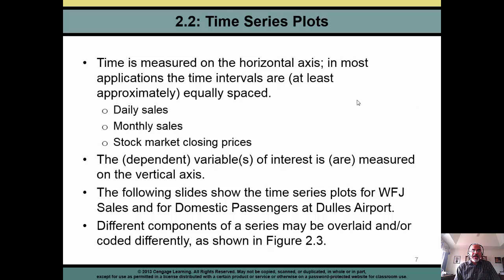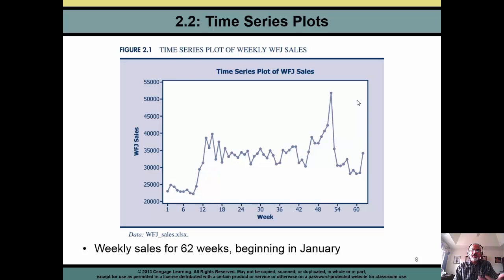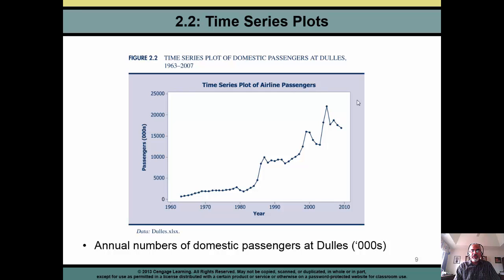Okay. Now, time series plots are the ones where the x-axis is time period, the y-axis is sales, and then you plot it. Then what you have is a time series plot. And we're going to look at several examples of time series plots. We'll develop those plots in Excel. Okay, so here are those examples, and we will look at them in more detail in Excel.